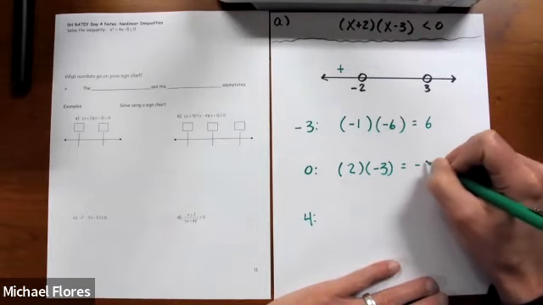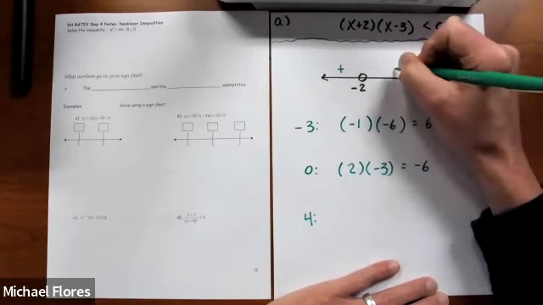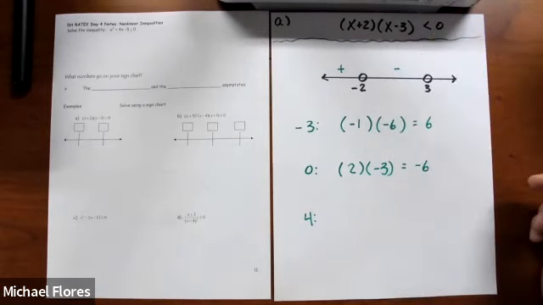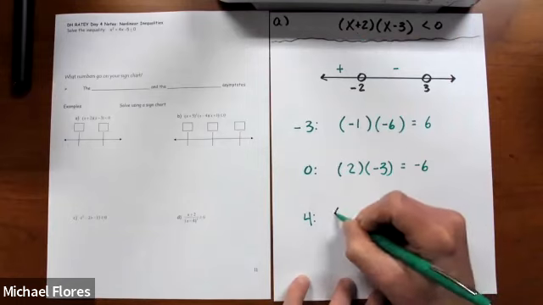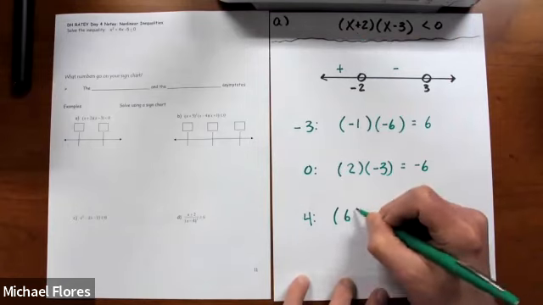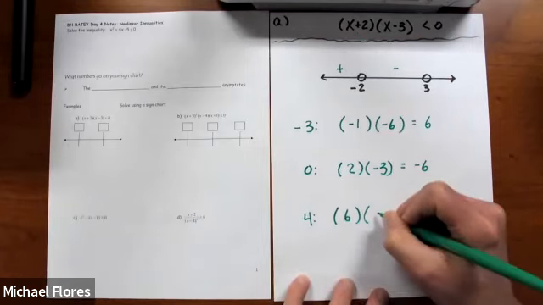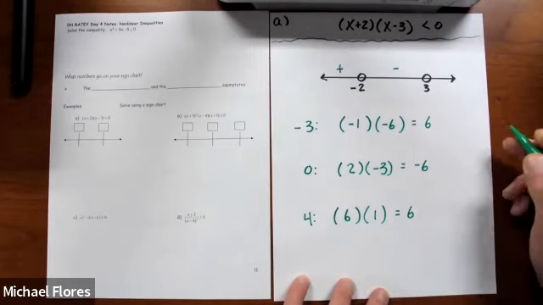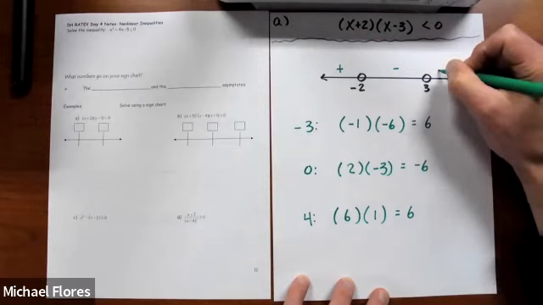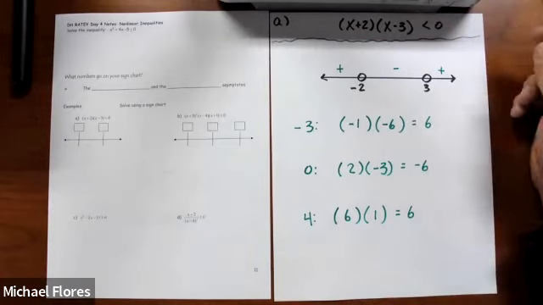Multiply them together to get -6. Anything in between -2 and 3 is going to be a negative number. Take 4, substitute it. 4 plus 2 is 6. 4 minus 3 is 1. 6 times 1 is 6. Anything greater than 3 is going to result in a positive number.